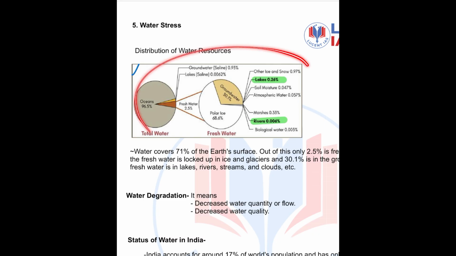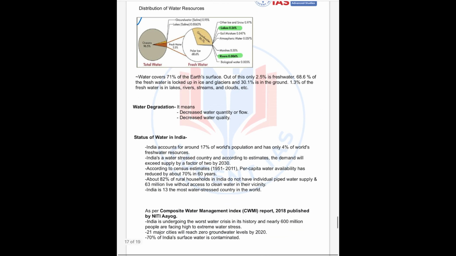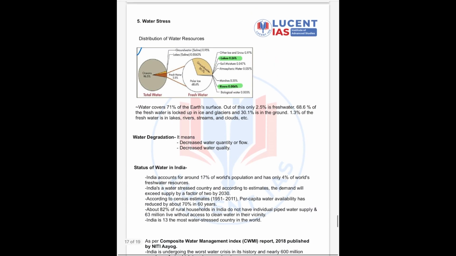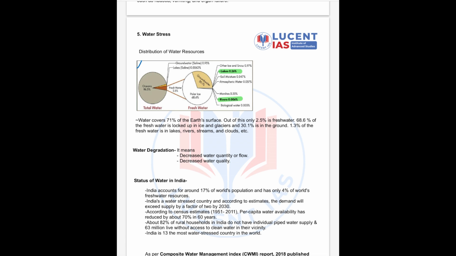Clear? So remember this. Questions have come mainly from lakes and rivers. Clear? So how do we know whether we are water stressed or not, how is it measured? It is measured mainly through an indicator called the Falkenmark indicator. Clear?